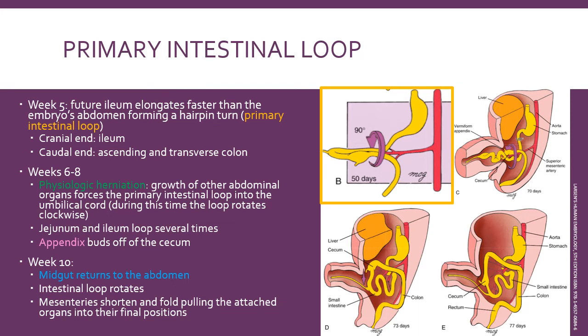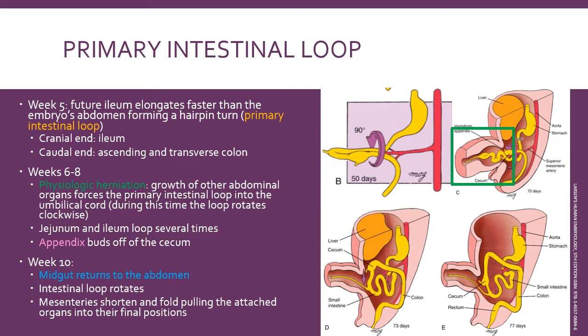Okay. Now, weeks 6 through 8, something very interesting happens. We get what's called physiologic herniation. Basically, this is herniation of the intestinal tract into the umbilical cord, but it's supposed to happen. As the other abdominal organs are growing, they're forcing the developing intestinal tract into the umbilical cord.